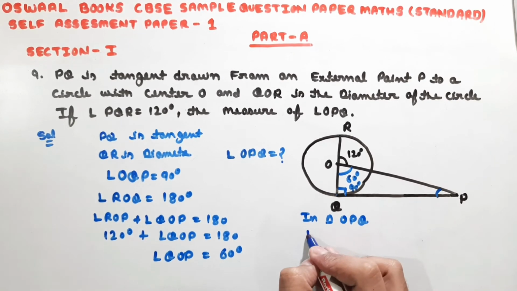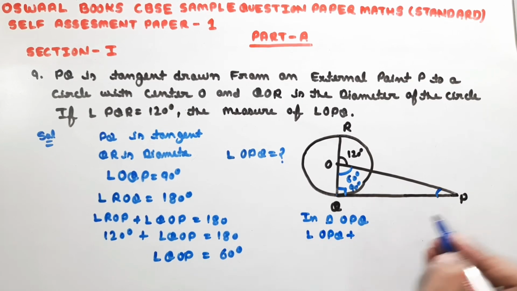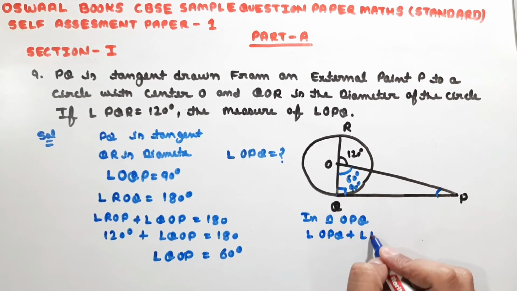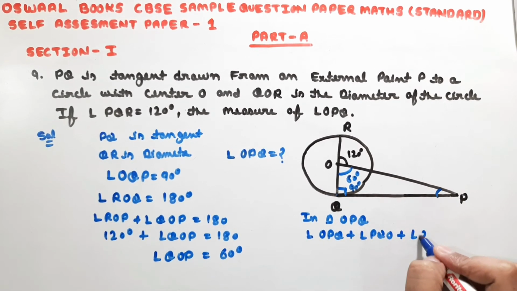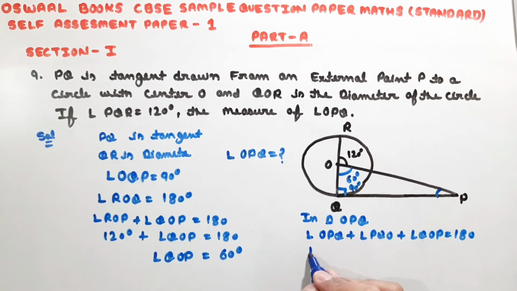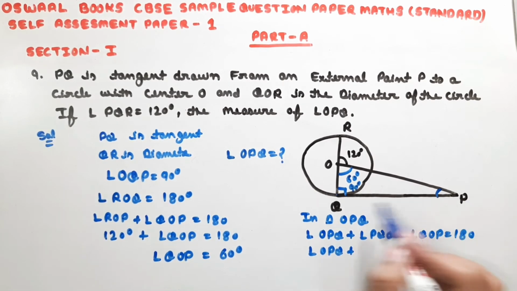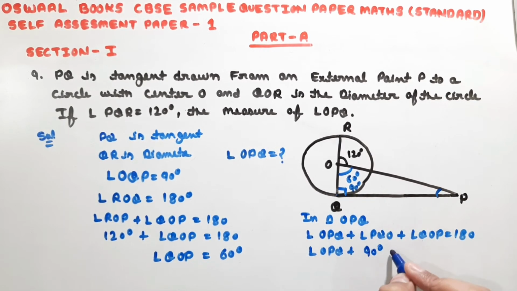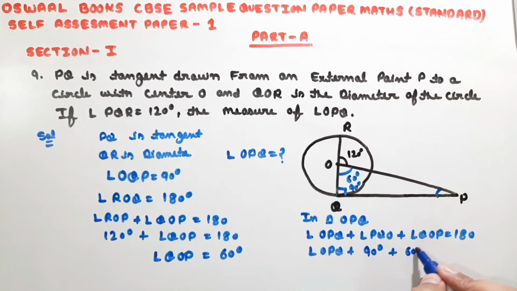So angle OPQ plus angle PQO plus angle QOP will be equal to 180 degrees. So angle OPQ plus angle PQO is 90 degrees plus angle QOP, that is 60 degrees, equals 180 degrees. So 90 plus 60 will be 150.